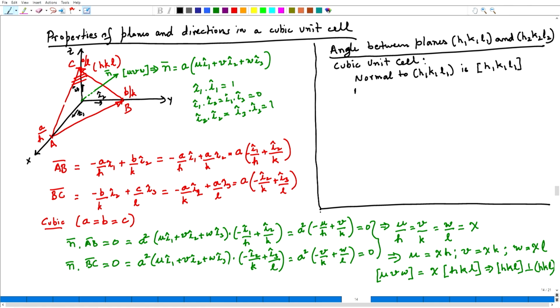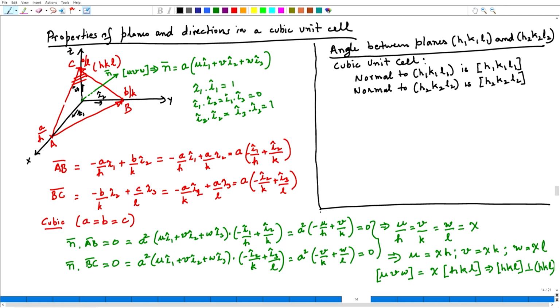Similarly, normal to H2, K2, L2 is the direction H2, K2, L2. And therefore, it is now a simple matter of taking the dot product between these two vectors to determine the angle between these two planes.